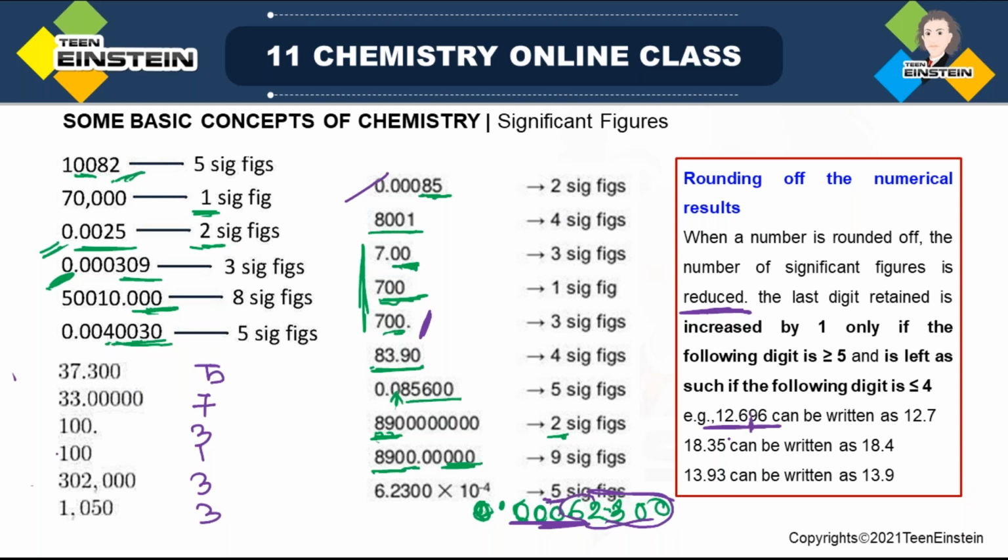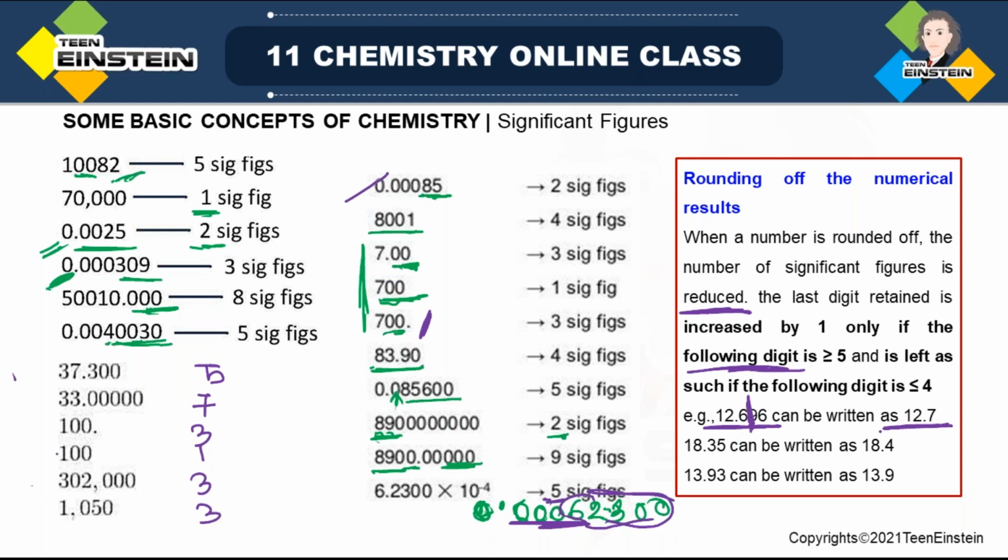So 6 will be increased by 1 only if the following digit, in our case 9, is greater than or equal to 5. In this case it is 6, so it will become 12.7.